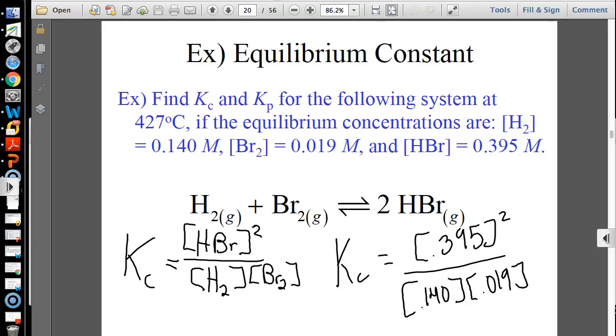Just punch buttons in your calculator and get the answer. I don't remember, like 59 or something. All right. Is it 59? Okay. 2 sig figs because this one has 2 sig figs, so your answer can only have 2 sig figs. So when you get your answer, Kc is equal to 59. This number is mathematically significant, and I will explain that to you.